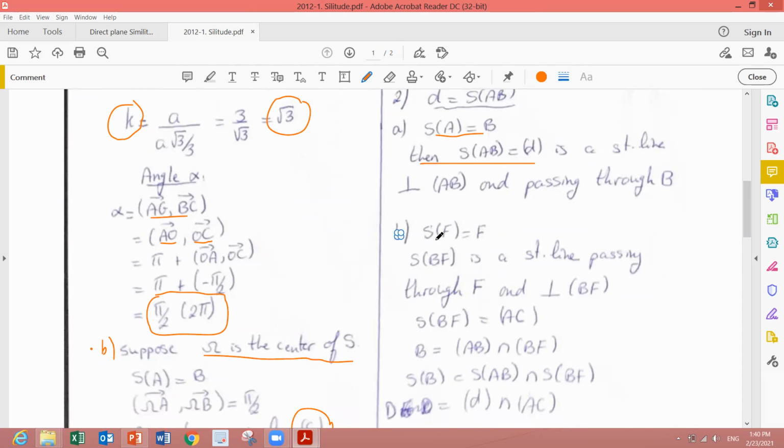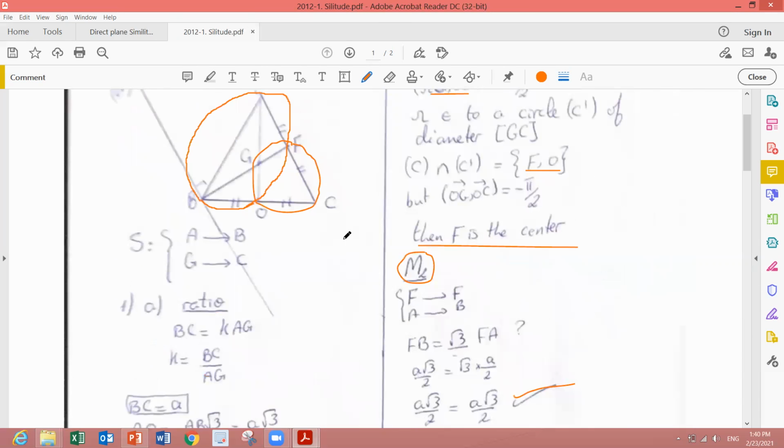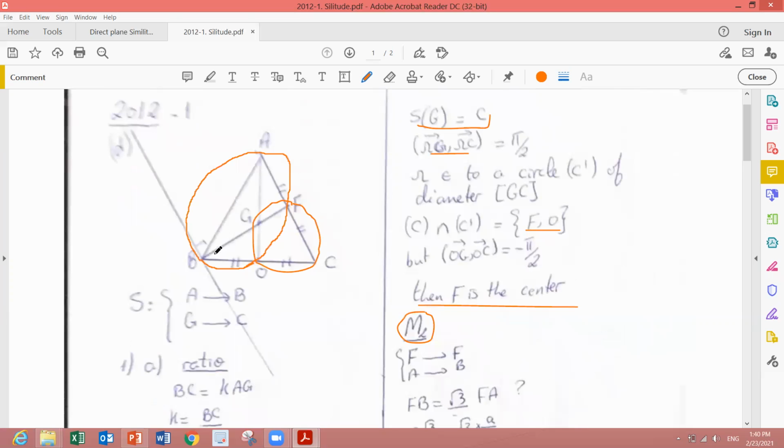Okay, S of F equals F because F is the center. So the image of the line BF is a straight line passing through F and perpendicular to BF. Which line?